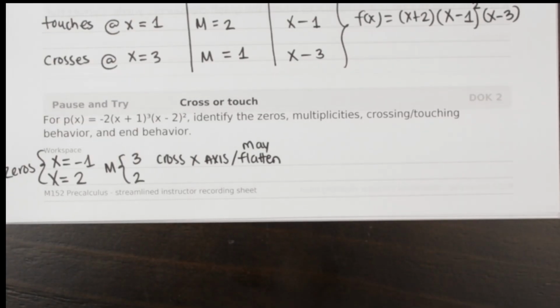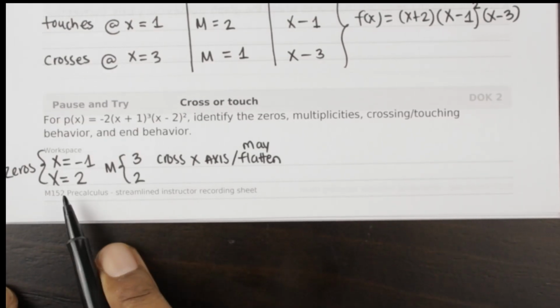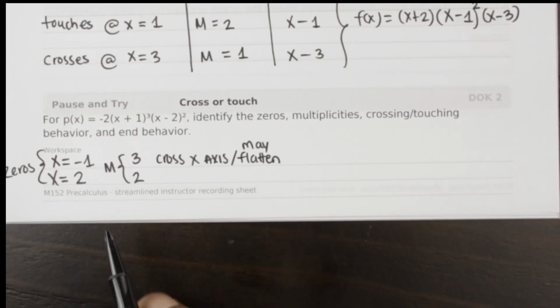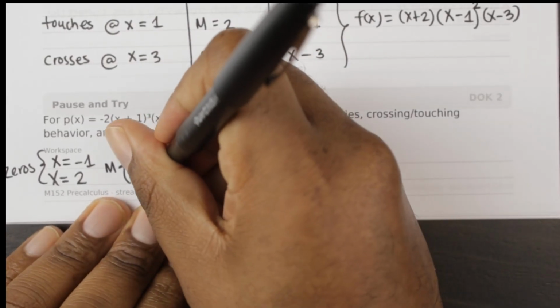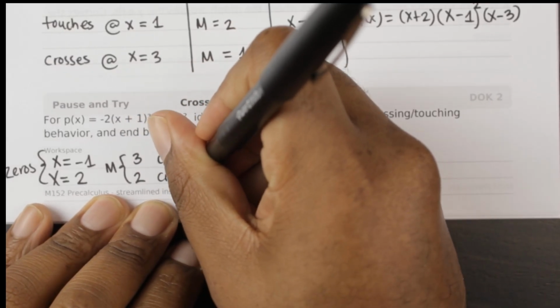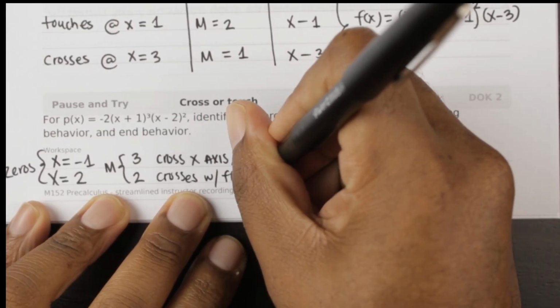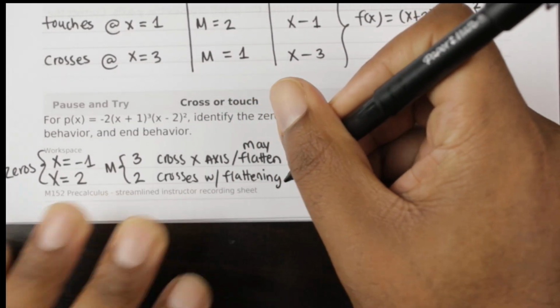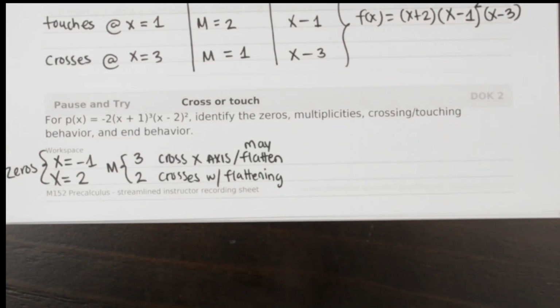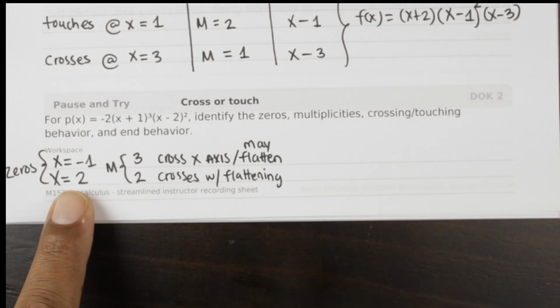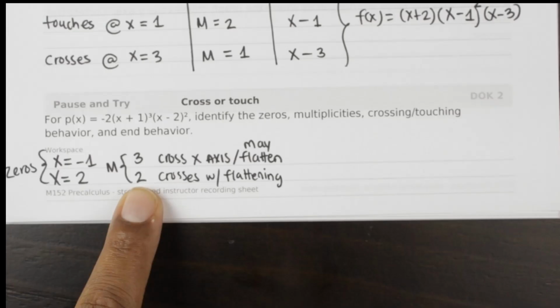Then x is equal to -1 crosses with flattening. Okay. So at x is equal to 2, the multiplicity is 2. And so that is even. So the graph touches and turns around.